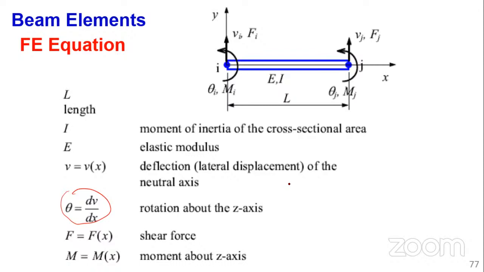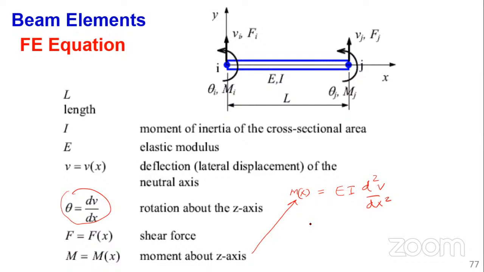which we call the moment Mx, which is this part here, is the second derivative of the displacement. And now we include EI. Of course, we include the material characteristic EI, d squared v over dx squared.